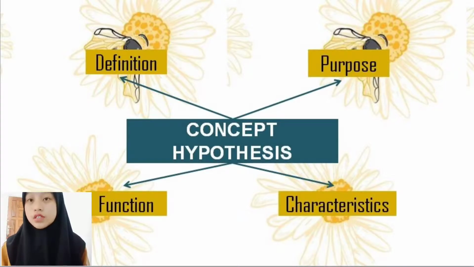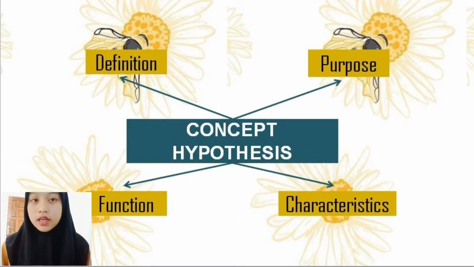Then, the functions of hypothesis. There are 4 points. The first is to enhance the objectivity and purpose of a research work. The second is to provide a research with focus and tell us about the specific scope of a research problem to investigate.